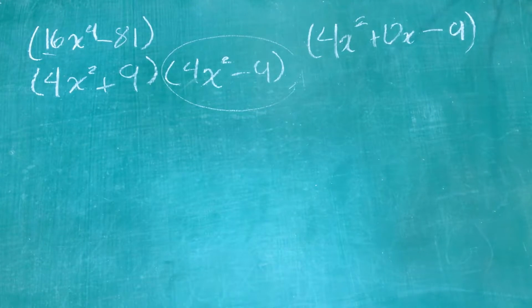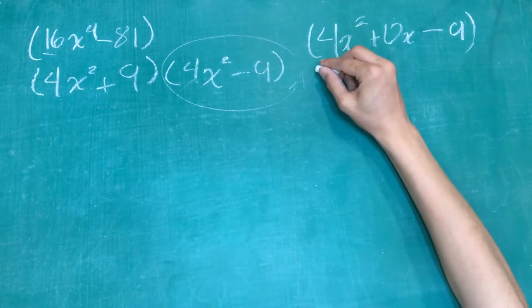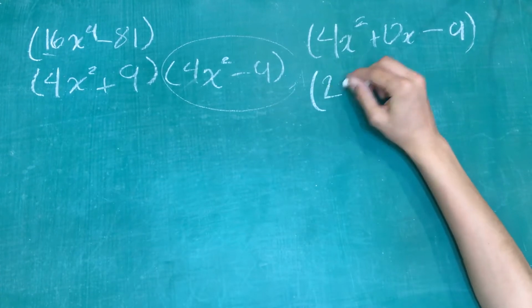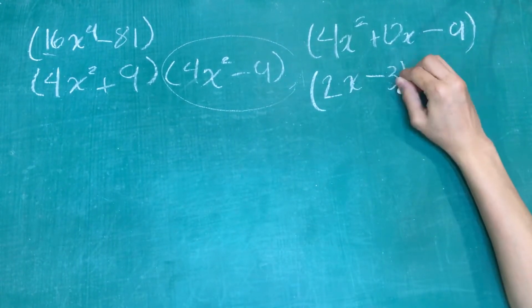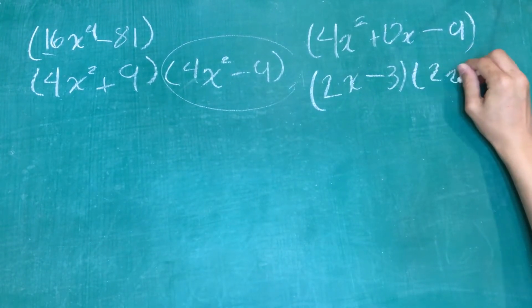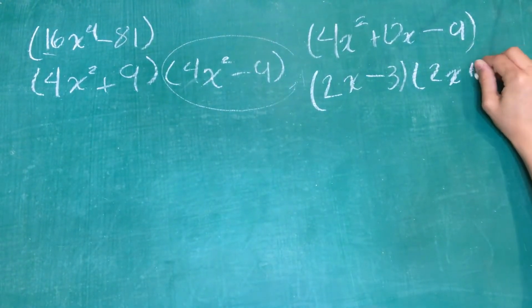Did you get those products? Okay, let's see if you got it right. The two products are going to be 2x minus 3 times 2x plus 3.